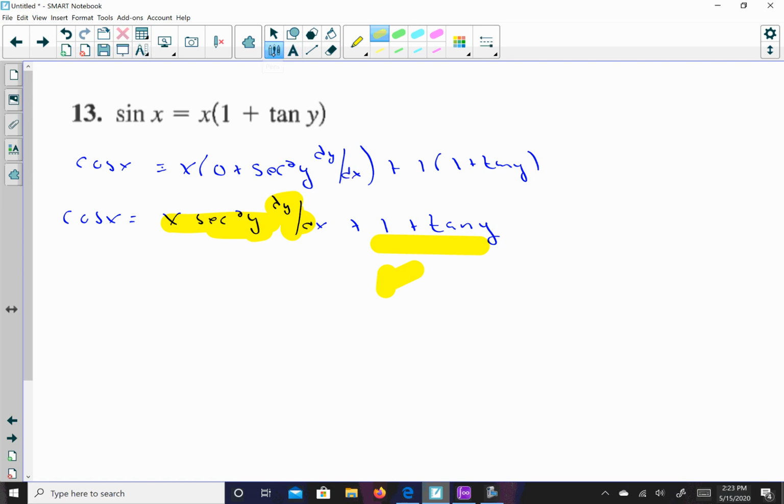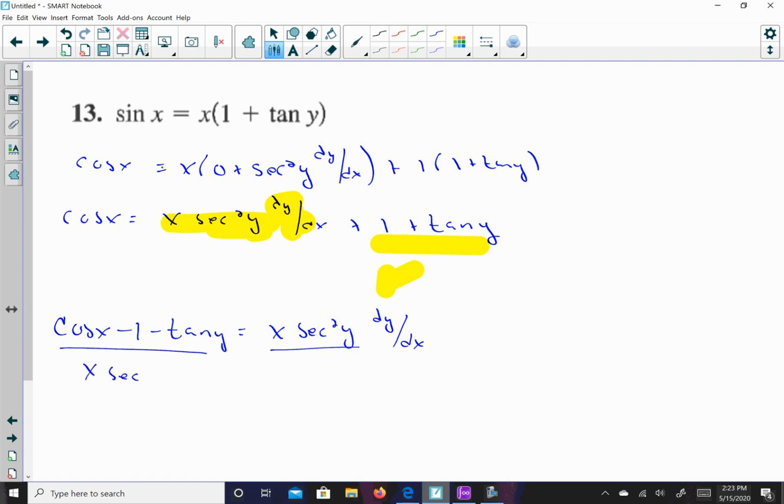So I'm going to have cosine x minus 1 minus tangent of y is equal to x times secant squared y dy/dx. Solving for dy/dx, I'm going to divide both sides by x secant squared y. And when I do that, dy/dx is equal to, and I'm just going to leave it as, the cosine of x minus 1 minus the tangent of y, all over x times secant squared y.